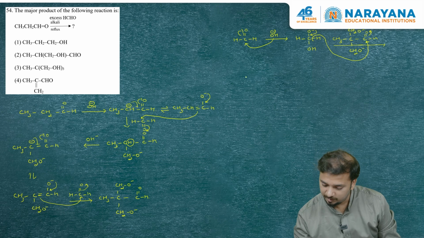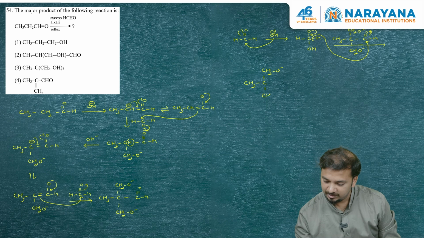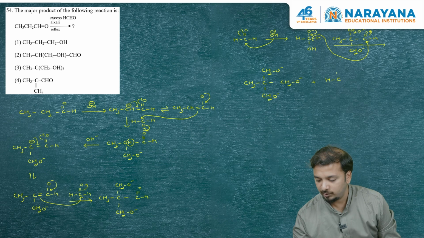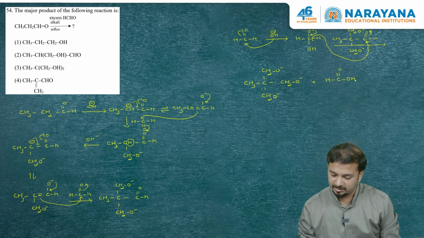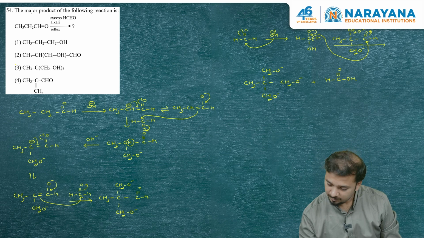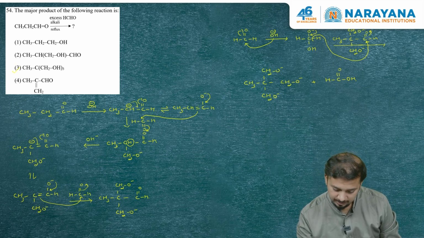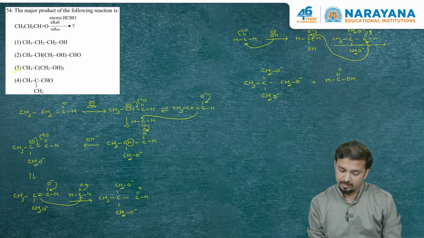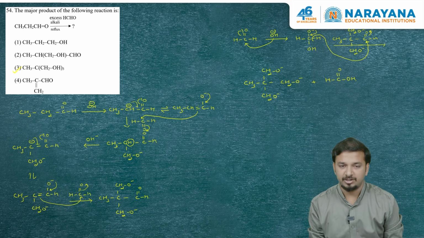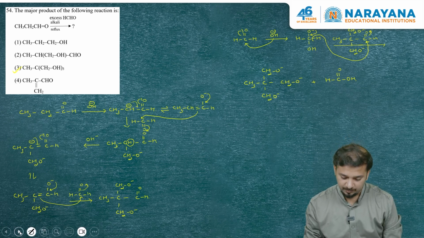So it will be converted finally to CH3C, CH2O minus, CH2O minus, CH2O minus plus another molecule will be HC double bond OH. And after reflux, it will be converted to option number 3, that is CH3 single bond C, which is attached to 3 CH2OH. So correct answer for this question is option 3.